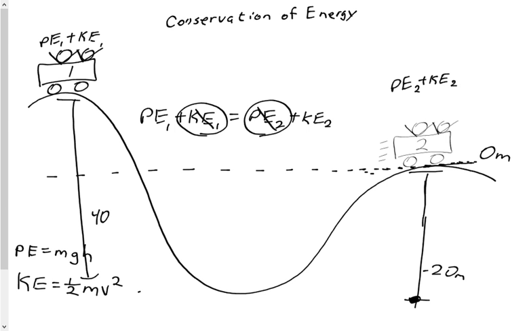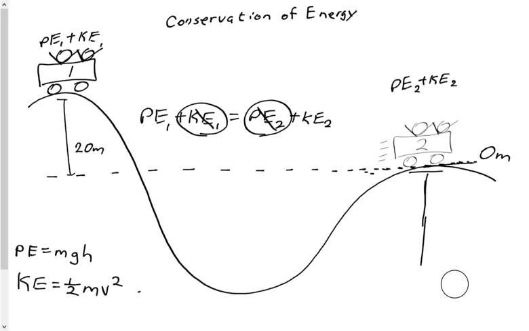So relative to it, let's shrink that. That's no longer 40. This is now 20 meters relative to the 0 position that I've established. So I can go ahead and not worry about this. I don't care where the ground is. All I care is that this is a 0 position relative to this 20 meter position up here.